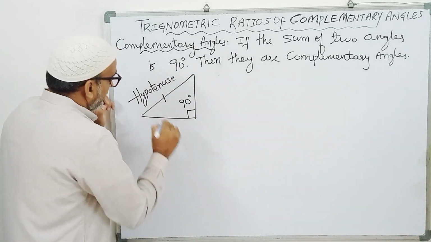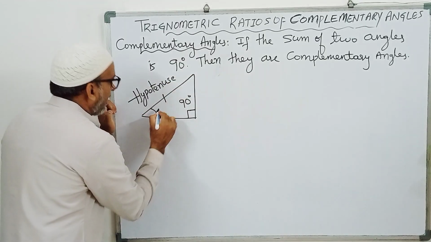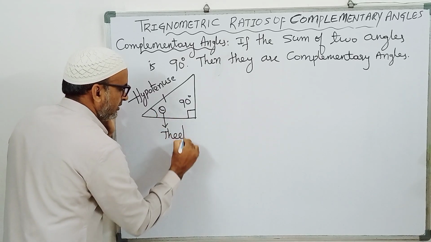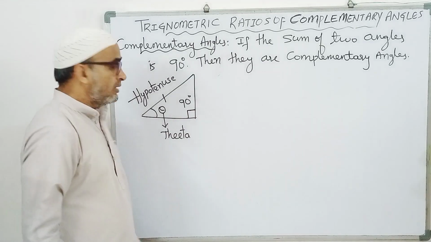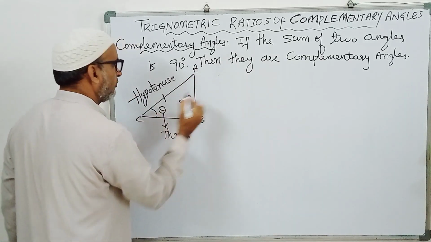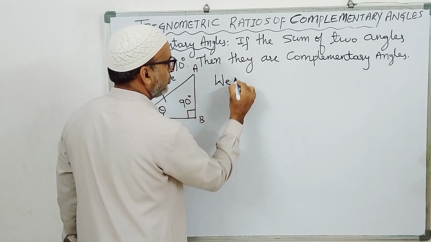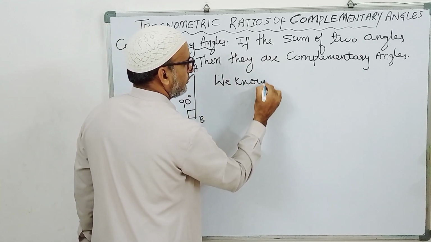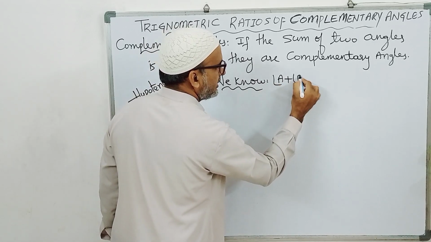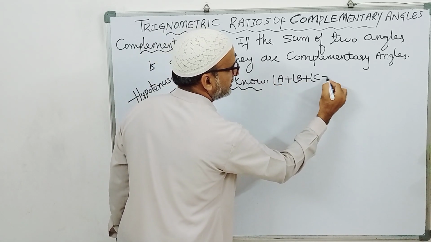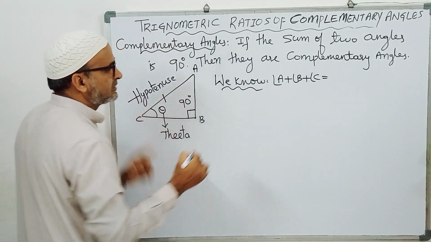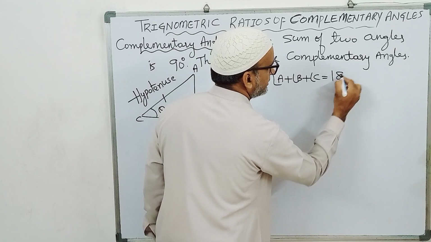Okay. Now I am taking one angle here. The angle is theta. Suppose I am taking the vertices A, B, C. We know the angle sum property of a triangle: angle A plus angle B plus angle C is equal to 180 degrees.